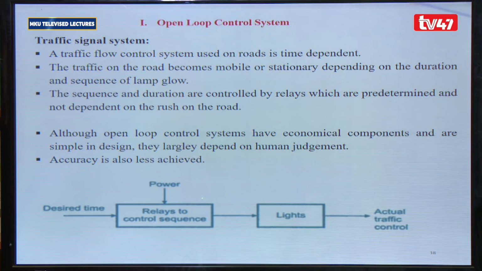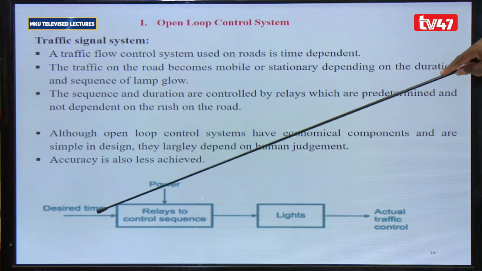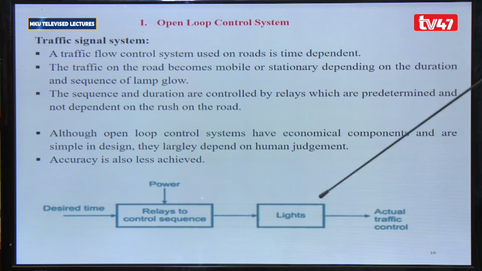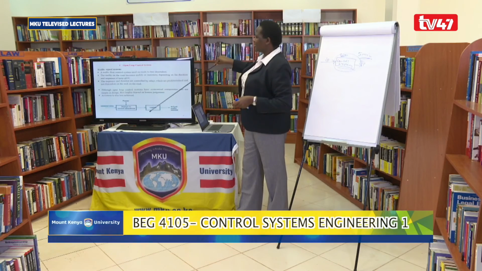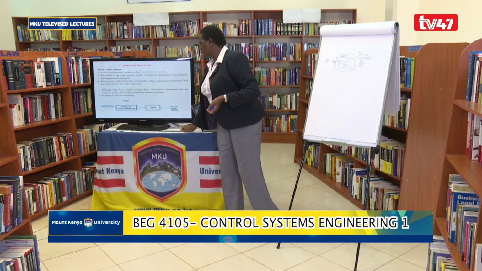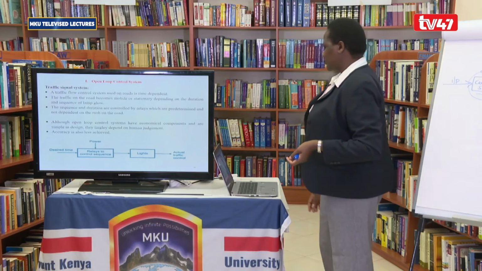It will operate on the time. If it is 5 minutes on one particular road, it will turn to the other for 5 minutes. So it will not depend on which road is congested or not. It also depends on the desired time and the actual traffic control. Here it will show by using the lights, the red, yellow, and all that, so that the traffic can move or not.